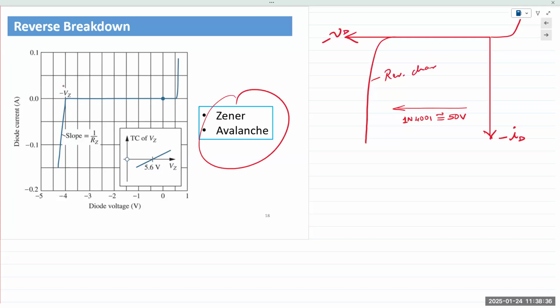So the Zener effect occurs in heavily doped PN junctions, meaning there is a higher than normal amount of impurity dopants, and as a result, there's a higher amount of free charge carriers. If there's a high amount of free charge carriers, the depletion region that is formed is very narrow.